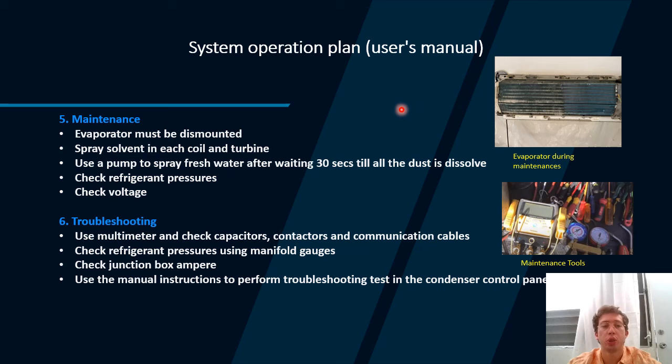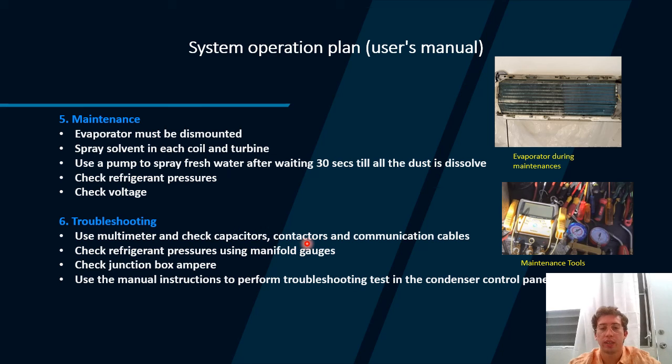After that, you can check the refrigerant pressure lines to see if the pressures are good, and check the voltage, because voltage fluctuation can give an error to the system. In case you need to troubleshoot, you need to know that sometimes capacitors and contactors can give problems. For capacitors, you can use a multimeter set to continuity to check the capacitor.